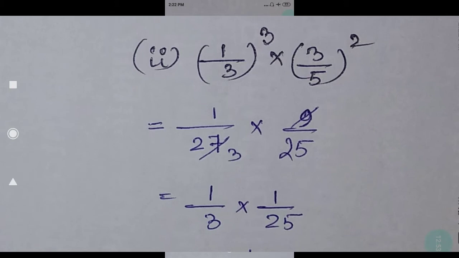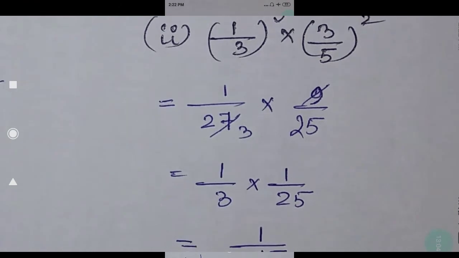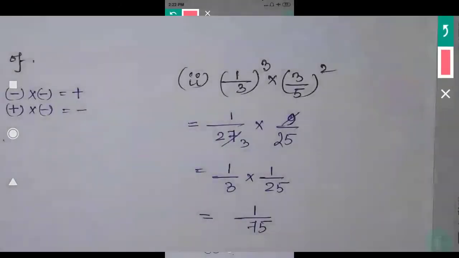Now (3 by 5) whole square, I can write it as 3 square divided by 5 square. 3 square means 9, 5 square means 25. Now see here, 1 by 27 into 9 by 25 is given.